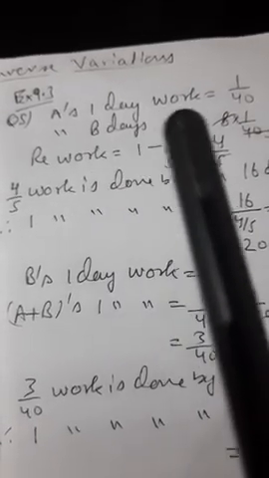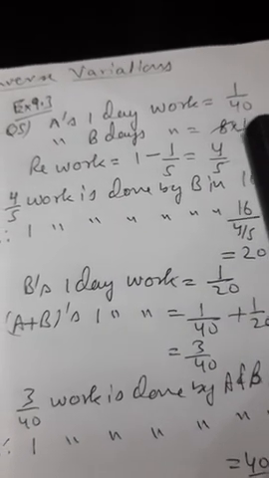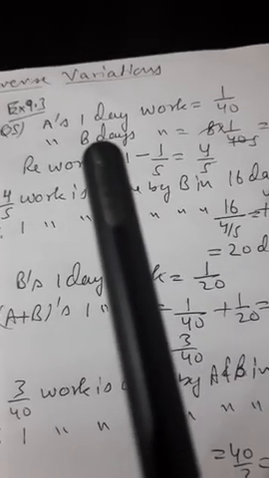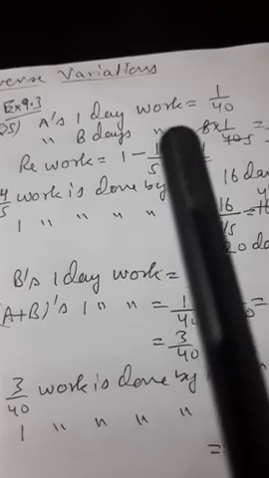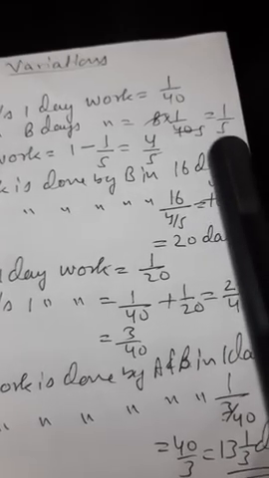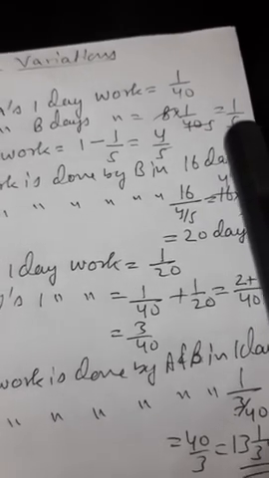So A's 1 day work is 1 upon 40. Now he does the work for 8 days, so 1 day's work will be multiplied by 8. So A has done 1 upon 5 of the total work.